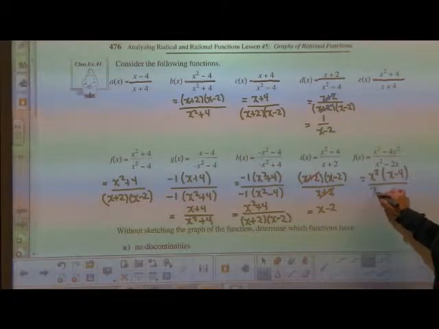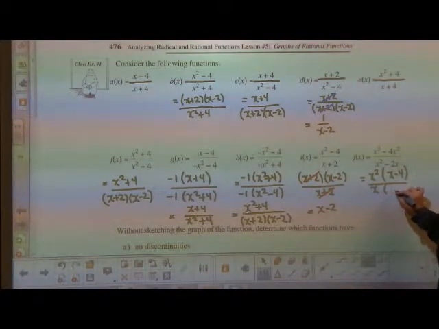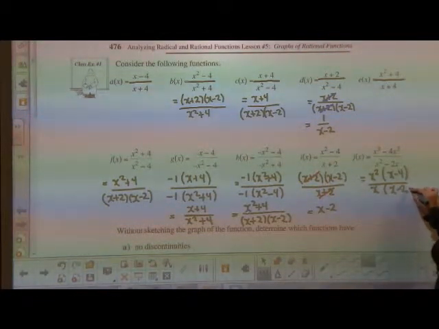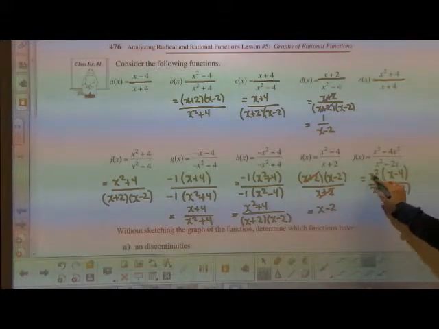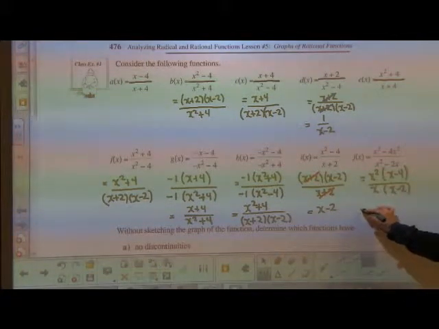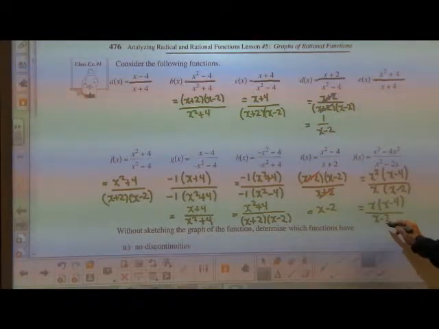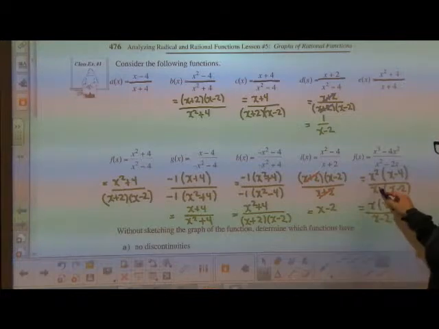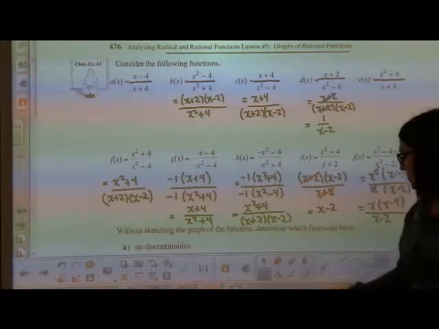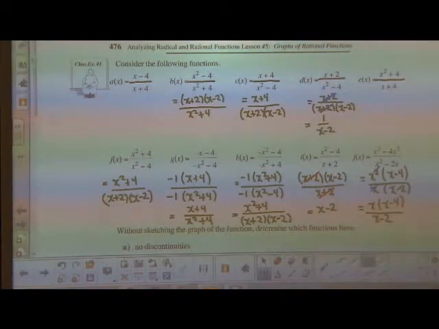I can factor out an x on the bottom, which leaves me with x minus 2. I'm going to be able to cancel one of the x's out. So I'll get x times x minus 4 over x minus 2. So we've now factored all of these.